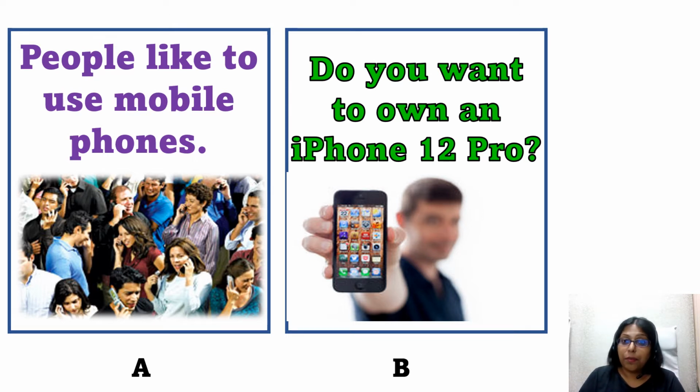Whereas in B, do you want to own an iPhone 12 Pro? So, this is like a question, and it's talking about you. The question is asking you. So, I'm sure all of us would love to have an iPhone 12 Pro. Compared to A and B, I think B is more personal and it's more catchy.